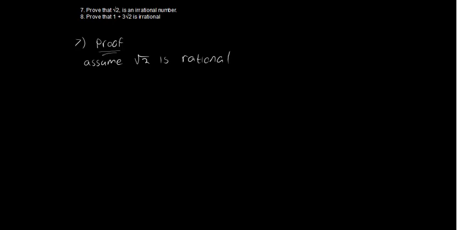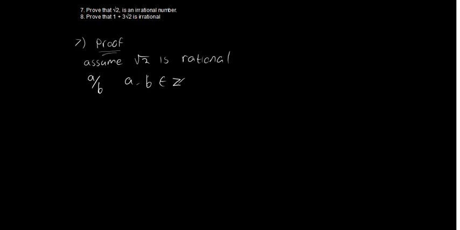For a rational number, it can be expressed in the form a over b, where a and b are in their lowest forms, and a and b are members of our set of integers. So a and b should not have any common factors, they should be in their lowest forms, and they should be integers. So let's start with our actual proof now.